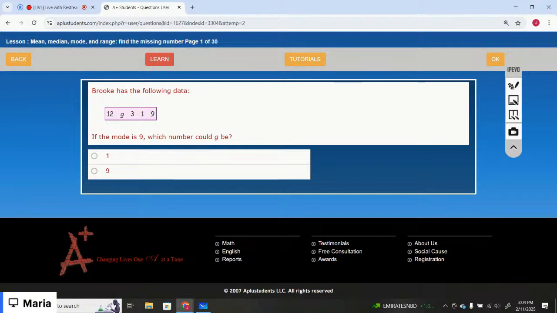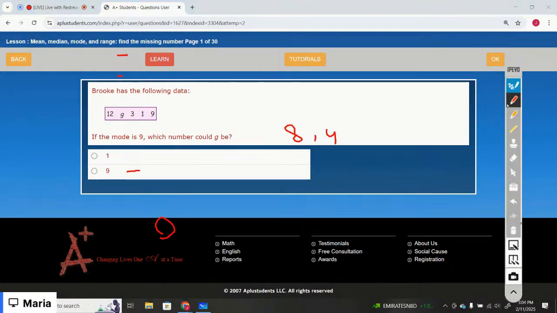Rook has the following data. If the mode is 9, which number could G be? So you are given the mode is 9. Mode is the number that appears the most of the time in the given data.